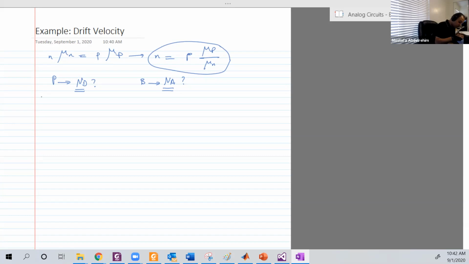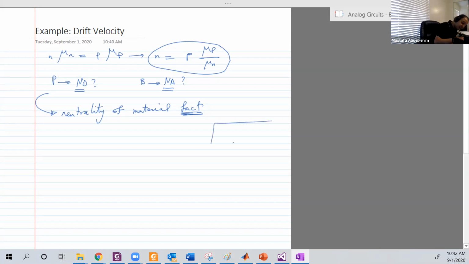So let's go back here to the neutrality fact of the material. We said that whenever you put impurity atoms and you create either N-type or P-type, the material charge will be neutral. The positive charge will be equal to the negative charge.